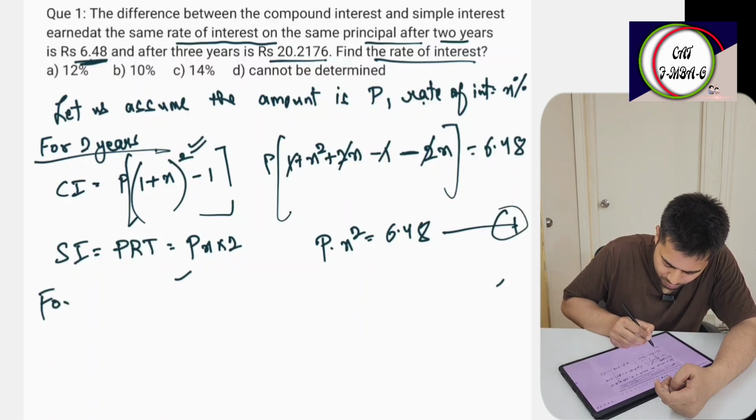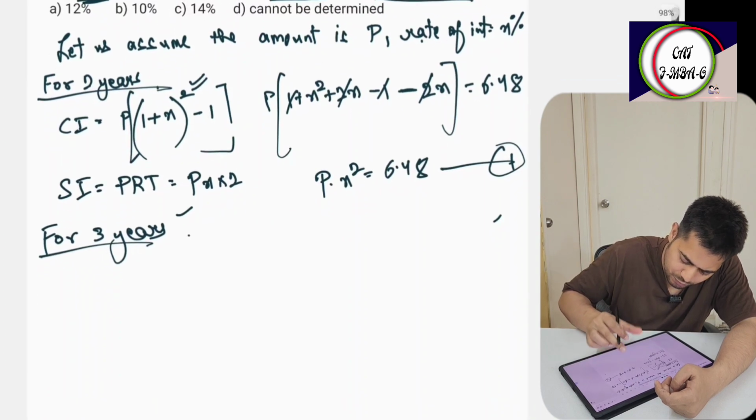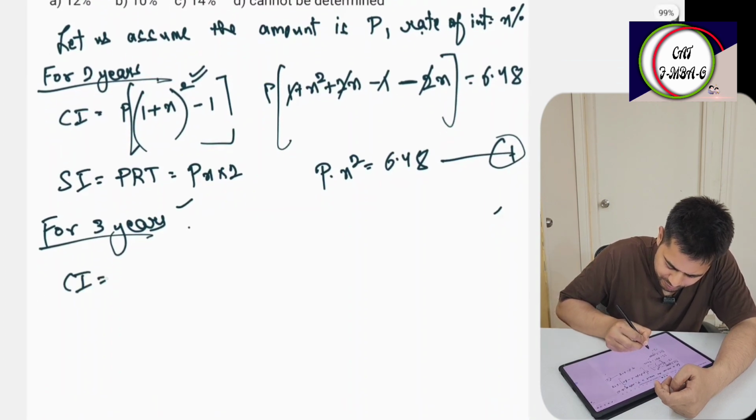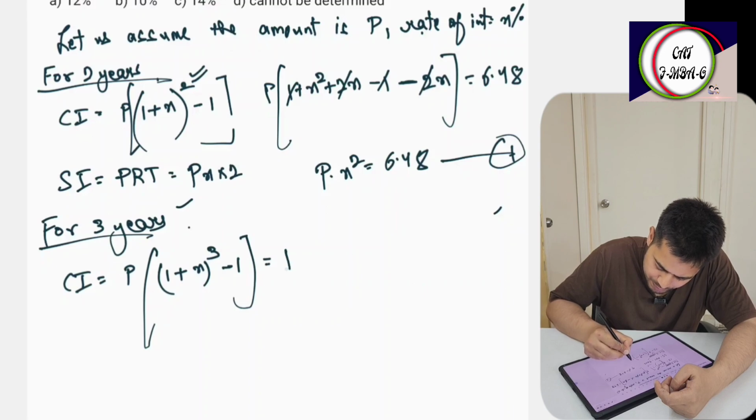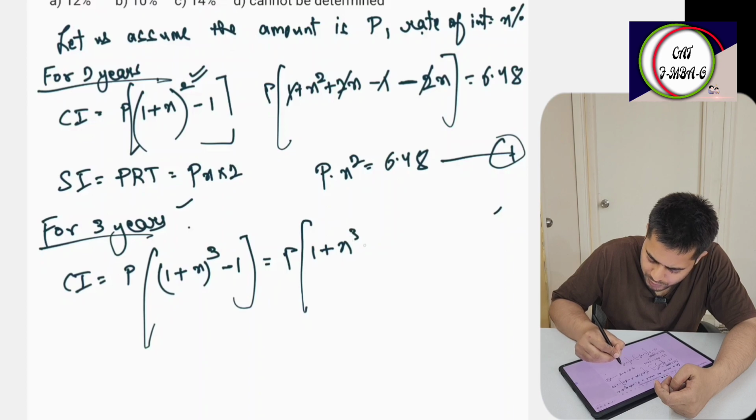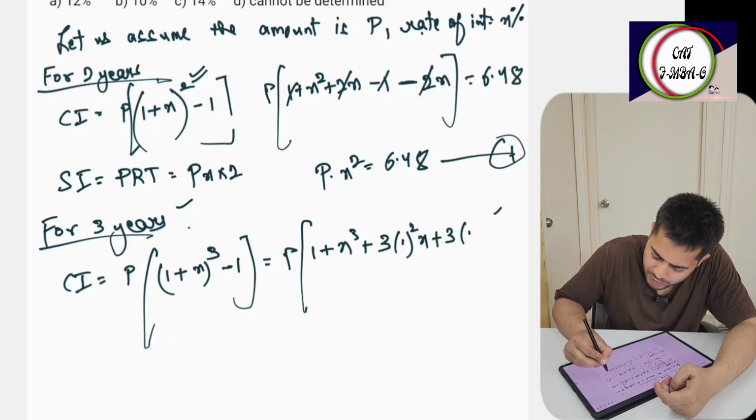So let us take for 3 years. For 3 years, compound interest will be given as P times (1 plus X) to the power 3 minus 1, and it will be given as P times A cube plus B cube plus 3A square B plus 3A B square, minus 1.